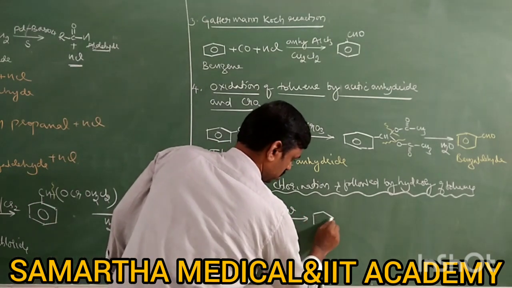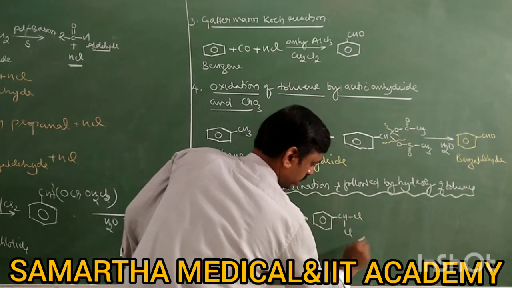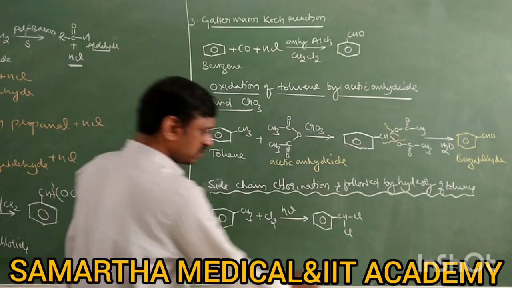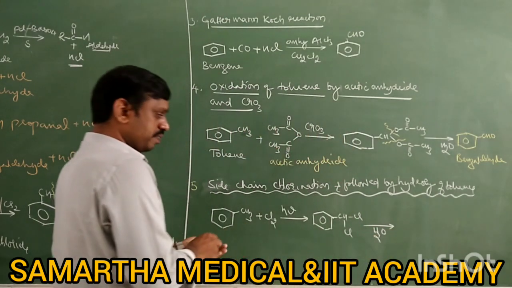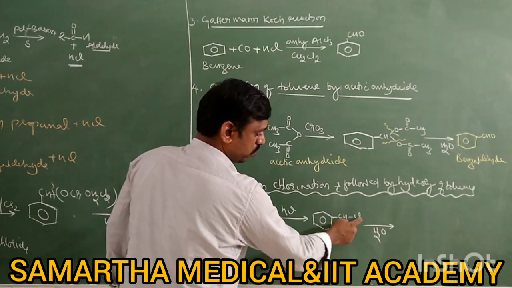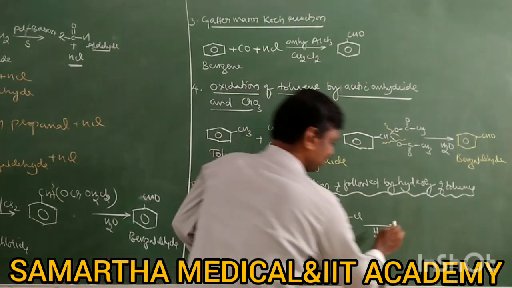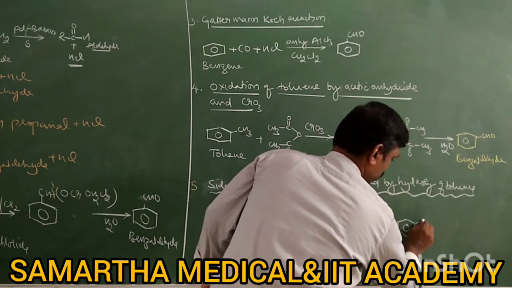Let us say 2 chlorines get substituted on the methyl, giving dichloro. Then this further undergoes hydrolysis. In hydrolysis, in place of chlorine you can substitute OH. Therefore, in place of 2 chlorines, 2 OH groups.